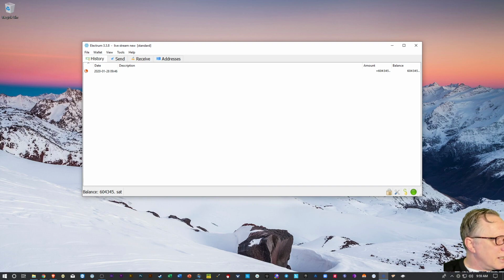The coins are not in your wallet. It only means you have the control of the coins on the blockchain. Yes, yes, yes. Thank you for pointing that out. That is true. The coins are really not on my computer, right? The only part of this wallet that is on my computer is the interface that we can see here and the private keys, which are also stored internally on my computer.